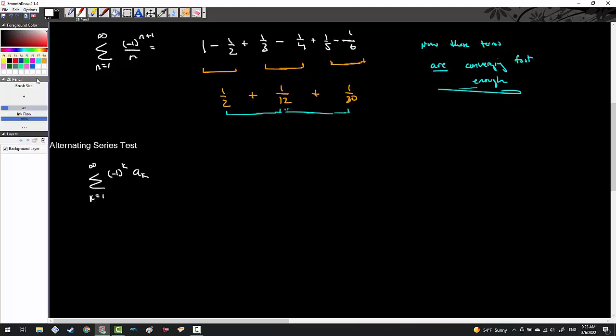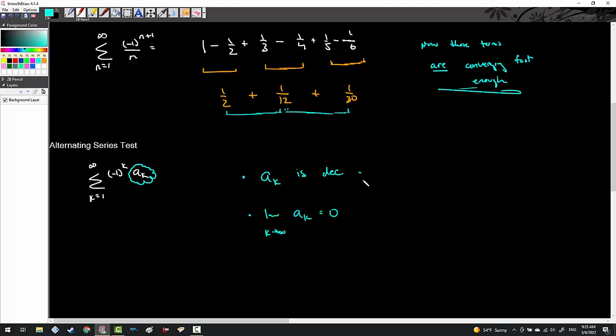What books will do is look at just the non-alternated version of the series, and they'll say if a sub k is decreasing, and the limit as k goes to infinity of a sub k equals 0, then by the alternating series test, often abbreviated AST, the summation from k equals 1 to infinity of the alternated version would also converge.